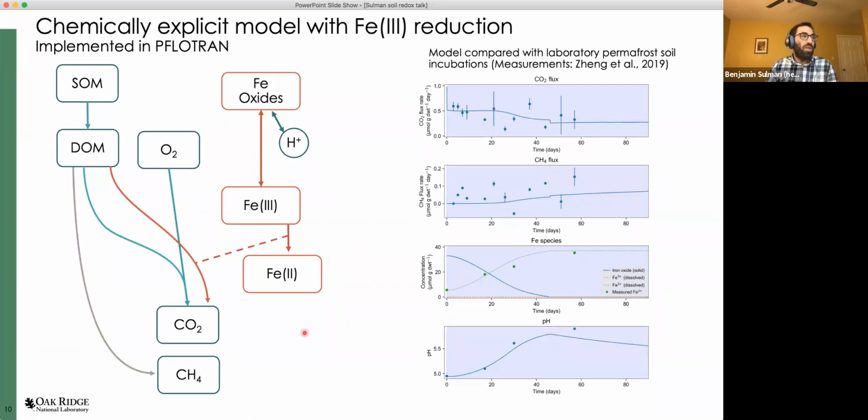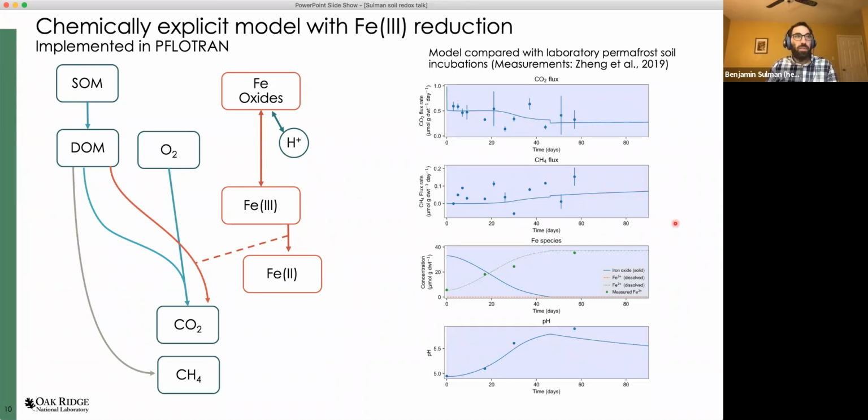And then there's also a methane production pathway, which starts to ramp up when this more advantageous iron reduction pathway is depleted.